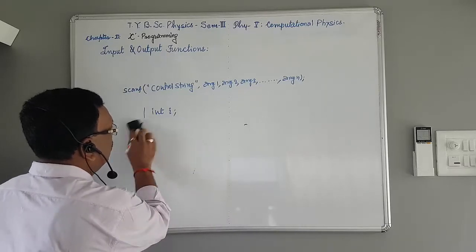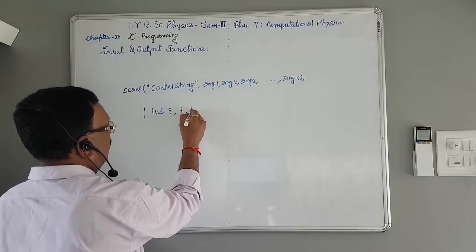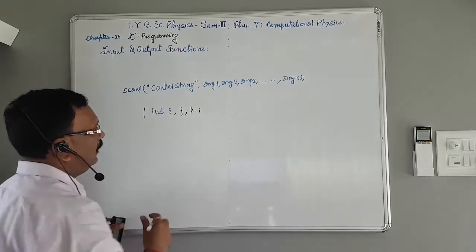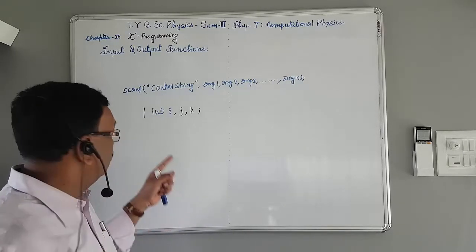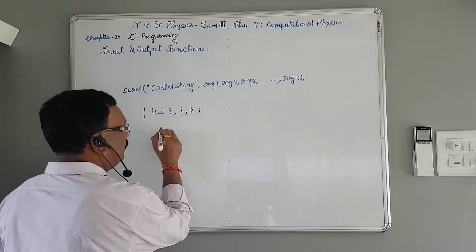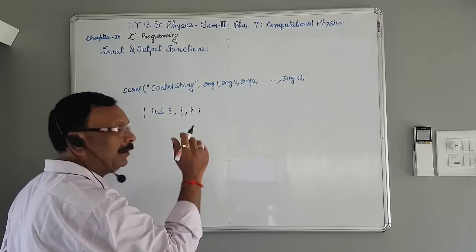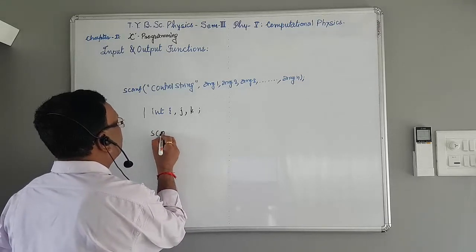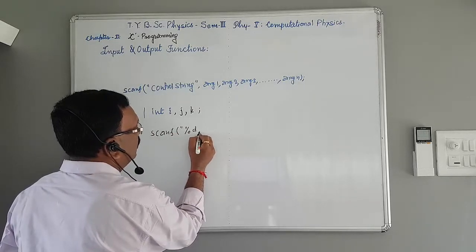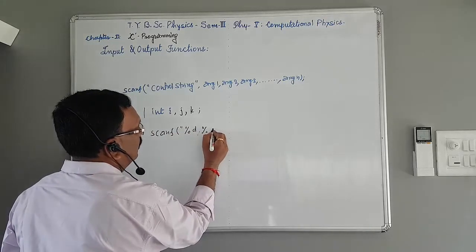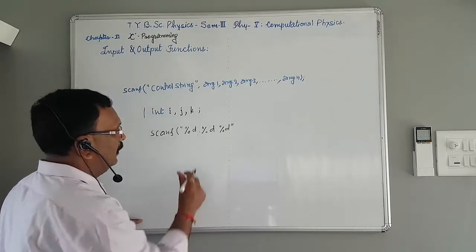Rather than this, if we declare multiple variables like i, j, k, here we declare three integer variables, and the computer can read the values of these three variables allotted in memory locations through the scanf statement. scanf %d %d %d. This is the control string.